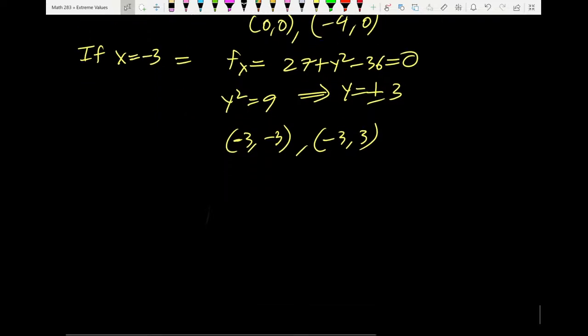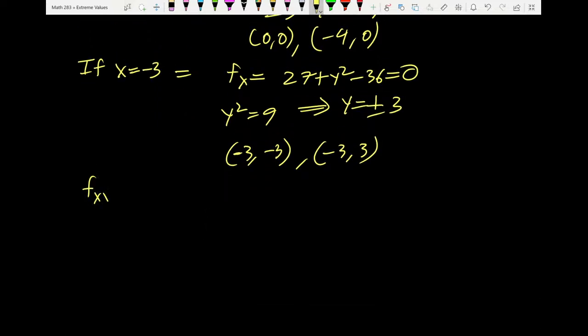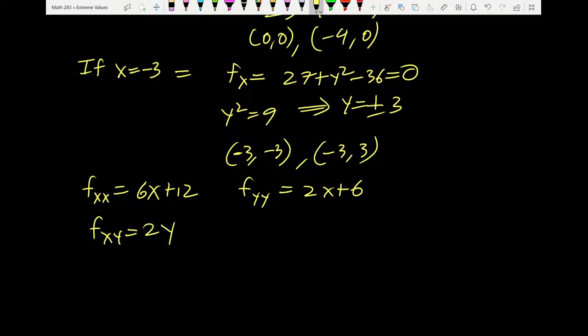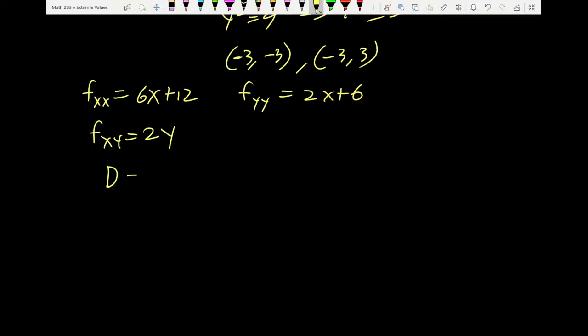What are we gonna do next? Before we do the discriminant points, f sub xx is what, guys? f sub yy and f sub xy. So D in this case would be what? (12x)(2x plus 3) minus 4y squared, right?